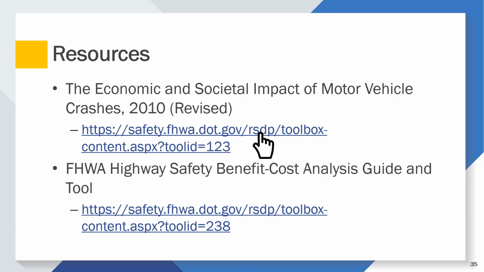These costs were the basis for the 2016 CABCO National Crash Cost Estimates in the guide. FHWA's Highway Safety Benefit Cost Analysis Guide describes detailed methods to apply crash costs in benefit cost analysis. A related tool helps to implement the methods from the guide.